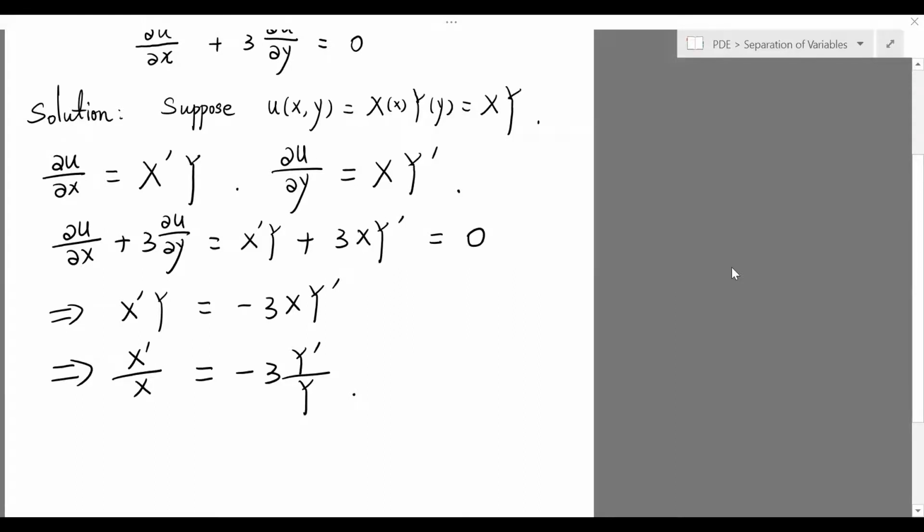Note that the left-hand side of this equation is independent of Y, while the right-hand side of this equation is independent of X. So we should have a quantity that is independent of both Y and X. With this, we conclude that both of those two terms are supposed to be equivalent to a constant denoted by lambda.